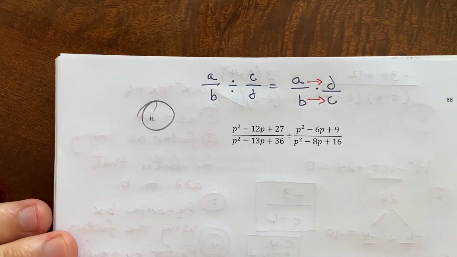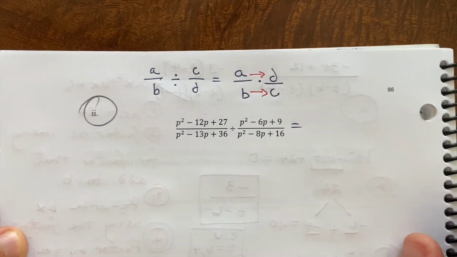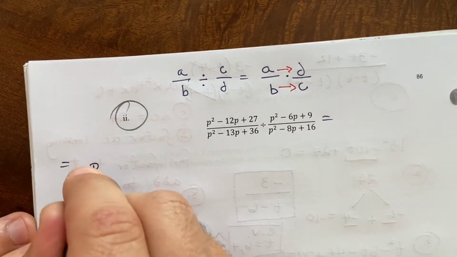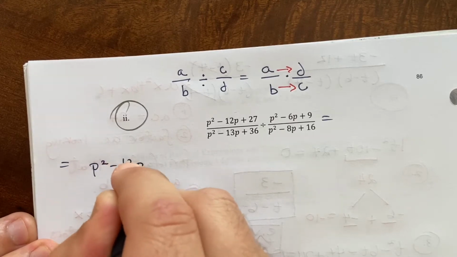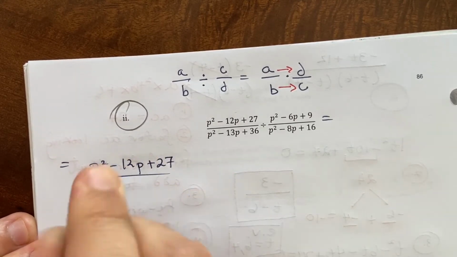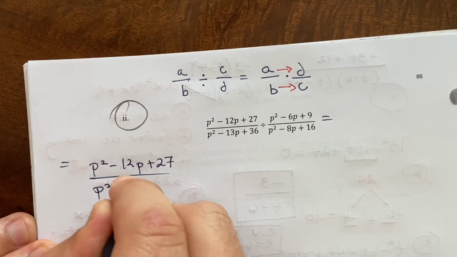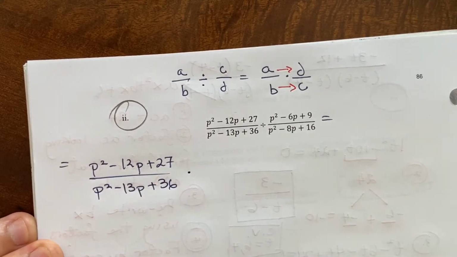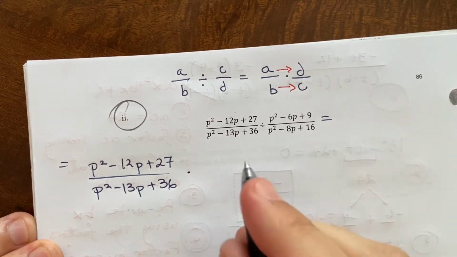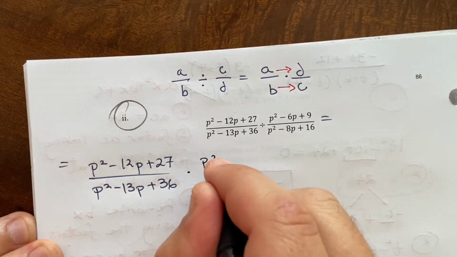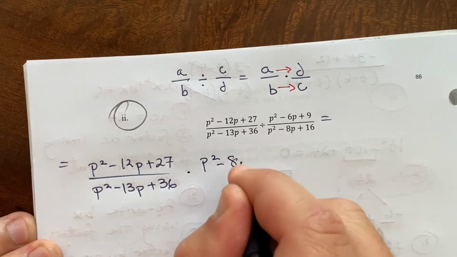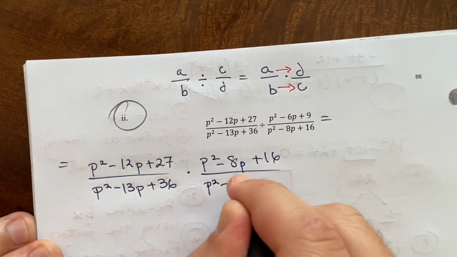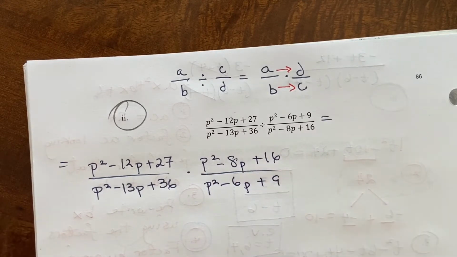So in other words, I can think of this as, well, I'll write it over here, p squared minus 12p plus 27 over p squared minus 13p plus 36 times, right? So I can flip this fraction and say times instead p squared minus 8p plus 16 over p squared minus 6p plus 9.